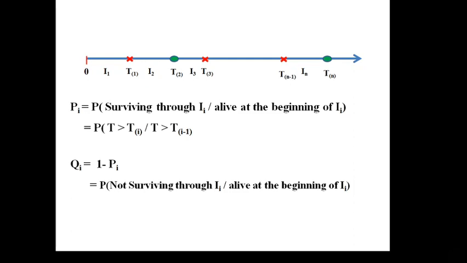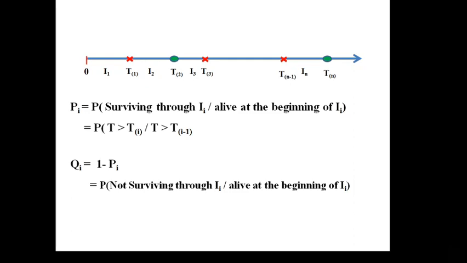That will be denoted by P 2021. Similarly, we have Pi: the probability of surviving through that specific interval Ii, given that it was alive at the beginning of Ii.